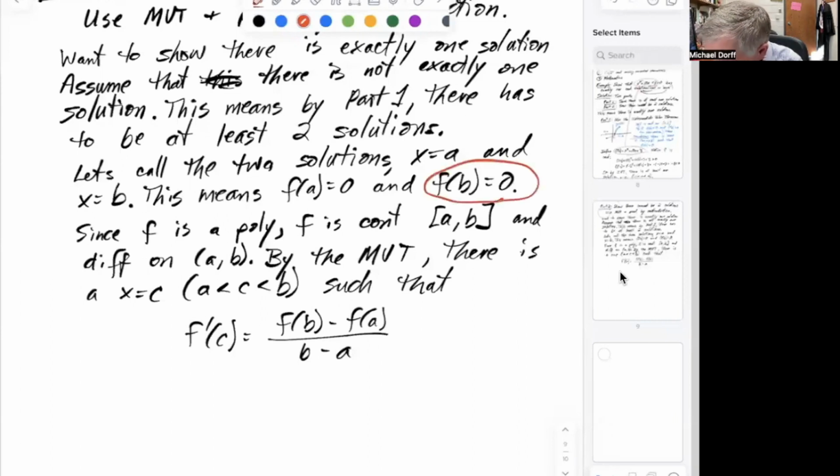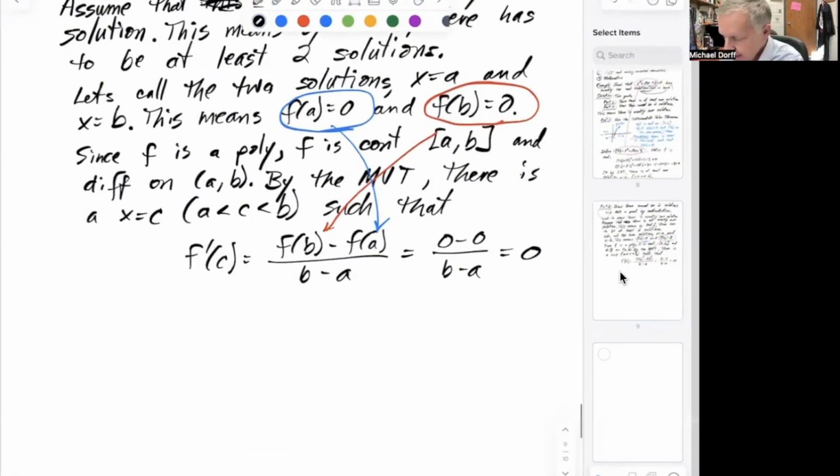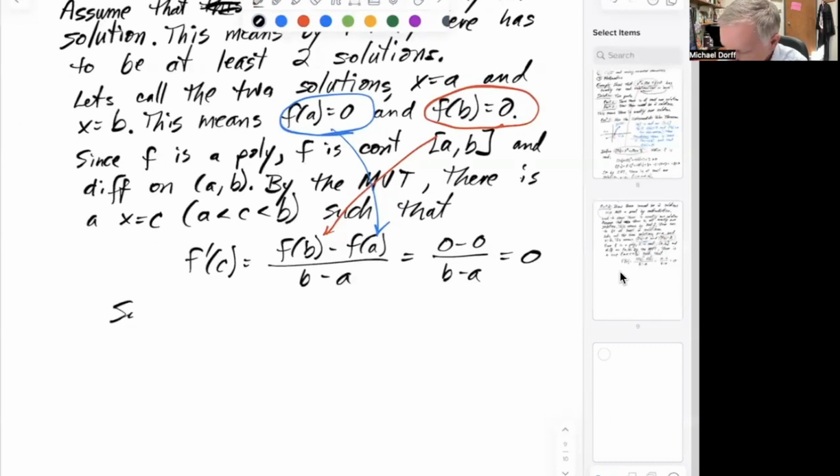Well, f of b is 0, and f of a is 0. So we plug those back in and we get 0 minus 0 over b minus a, or 0. So when I take the derivative and evaluate it at c, the value has to be 0. So f prime of c equals 0.